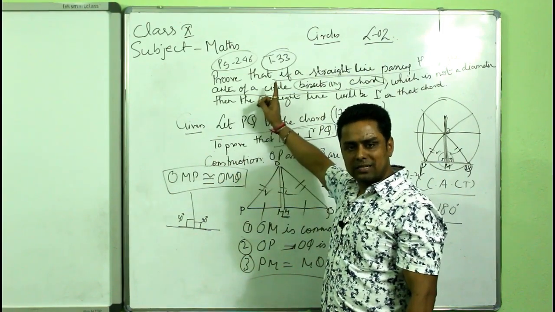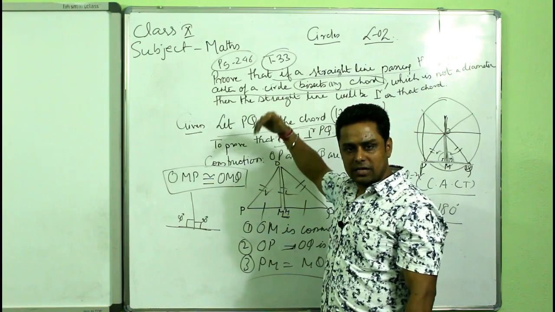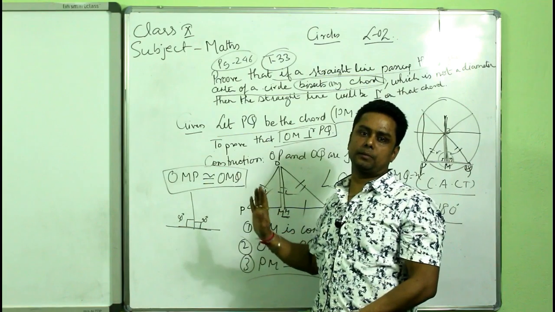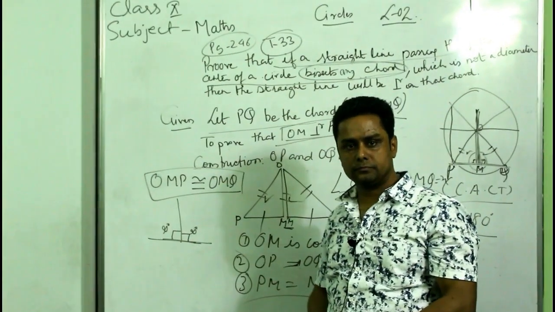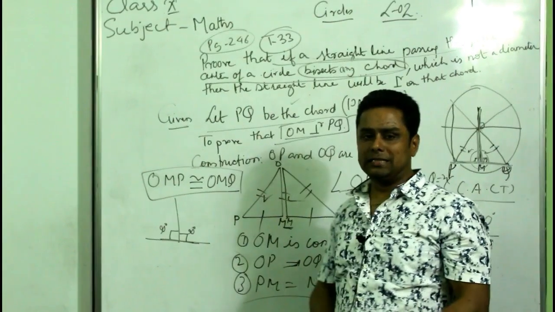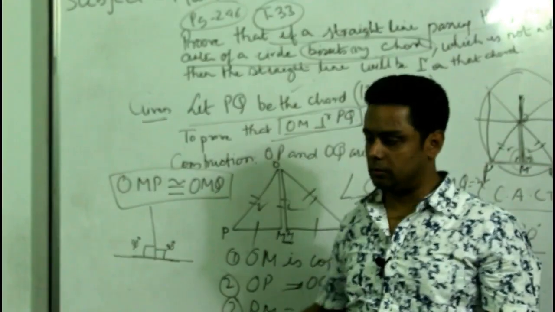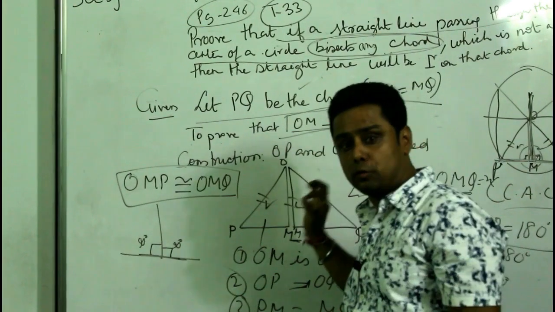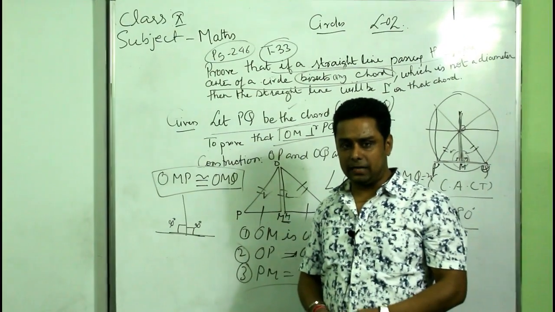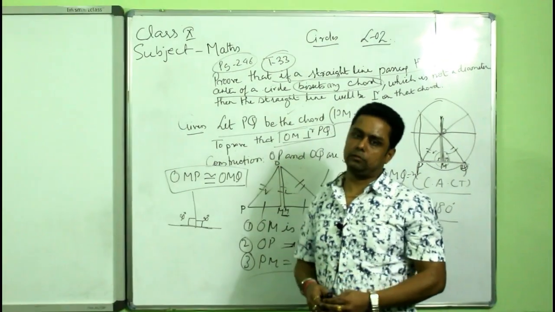And theorem number 33 said a straight line bisects a chord, you have to prove it is perpendicular. Understood? Okay. So I complete this lecture now. In the next lecture we will do sums based on these two theorems only. Thank you for watching. Thank you, students.